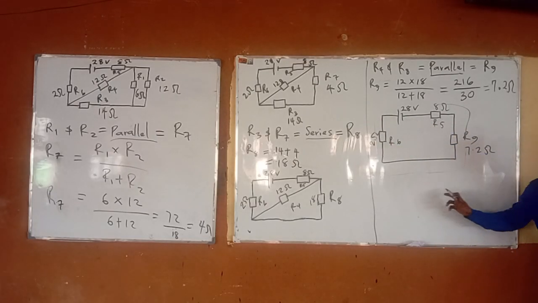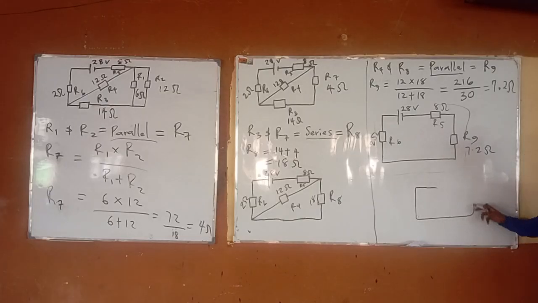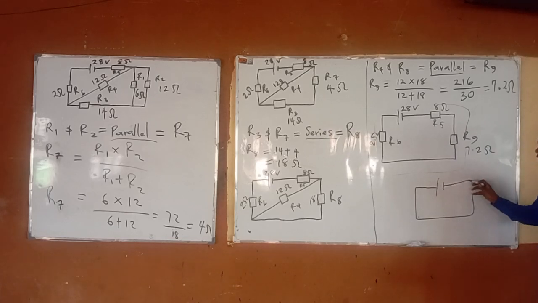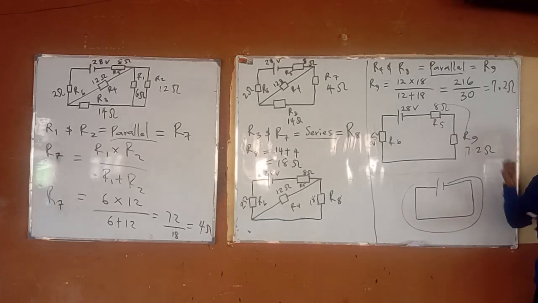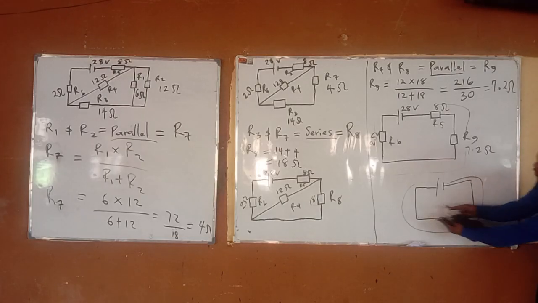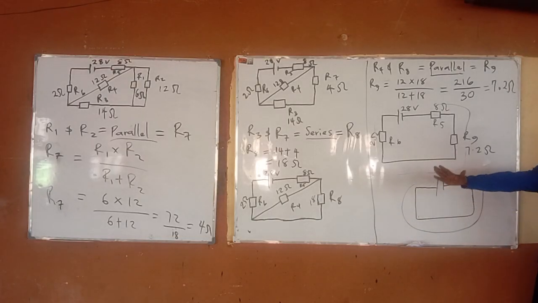It's more like I have something like this, then I now have the voltage in between. I told you that everything here is in series, because if you open this thing wide, it will give you a straight line.